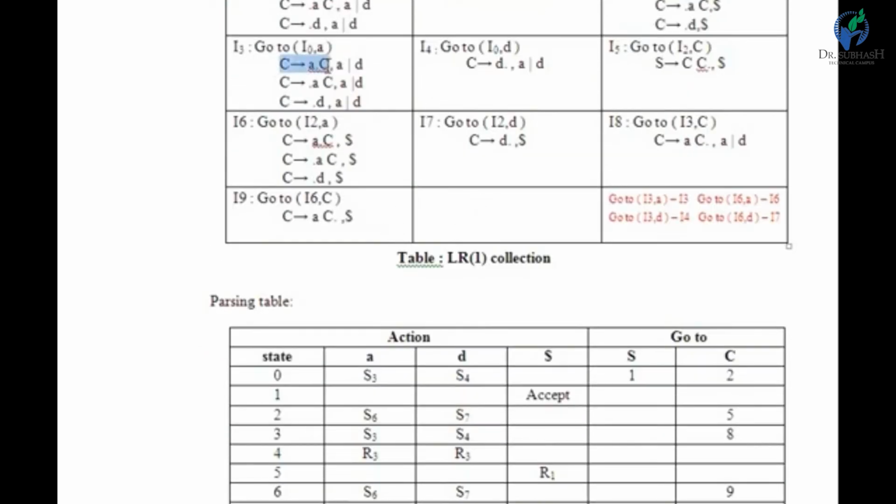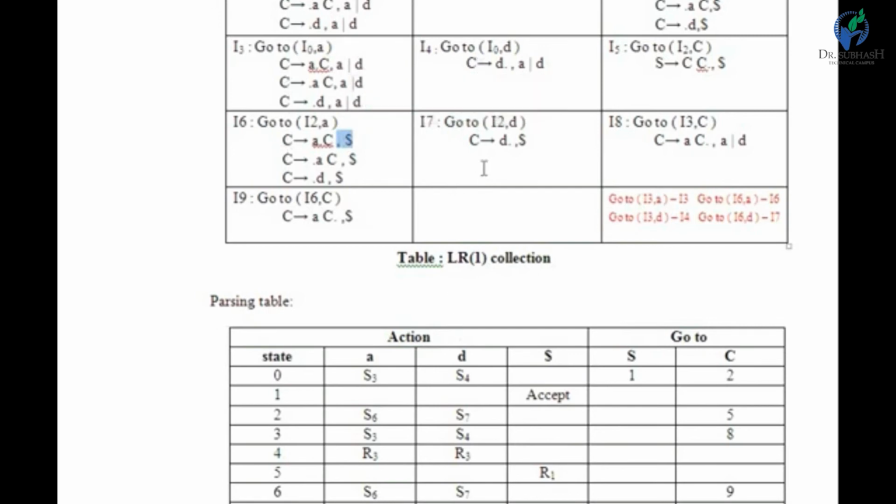Here the production is common: C gives A dot C, C gives A dot C. Just look, only the lookaheads are different. So you have to combine these two states, I3 and I6.